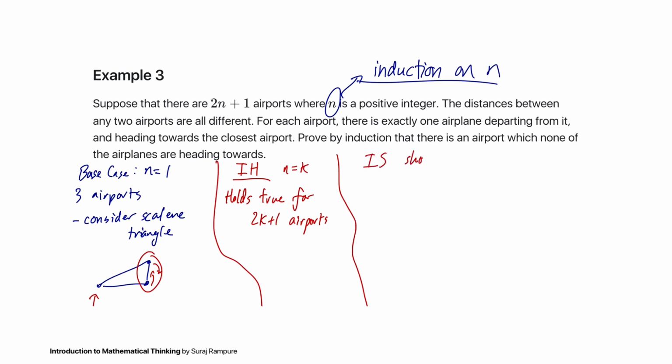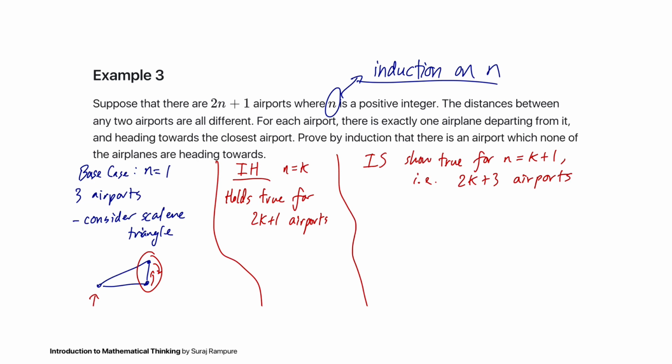We want to show it's true for n is equal to k plus 1, i.e. 2k plus 3 airports. So our induction hypothesis is that we're assuming it's true for some arbitrary k. So this schematic holds true for 2k plus 1 airports. With 2k plus 1 airports, there's one airport with no incoming planes. Okay?